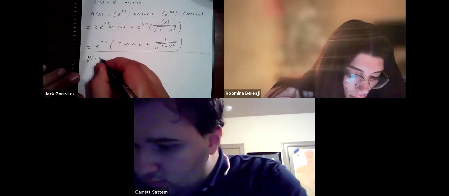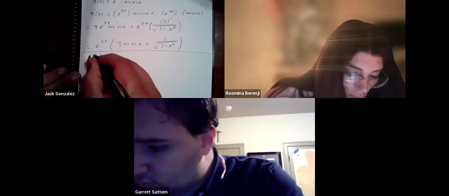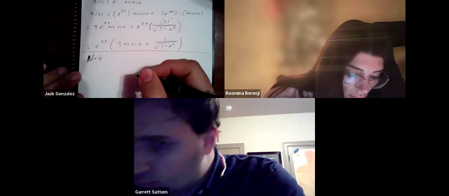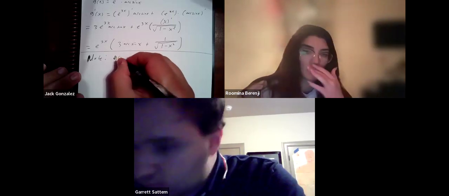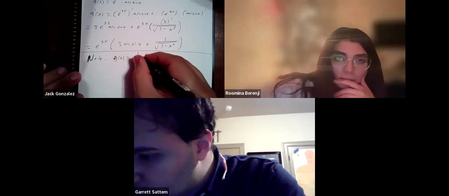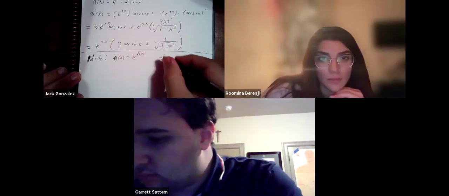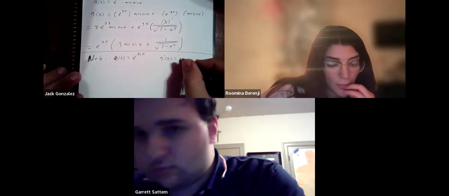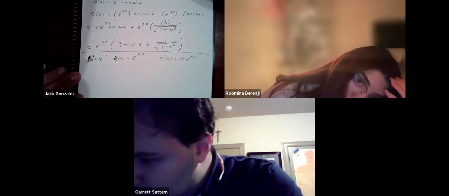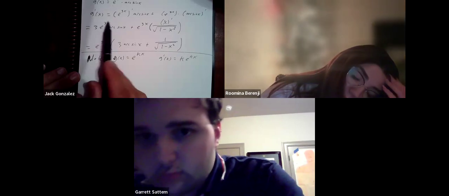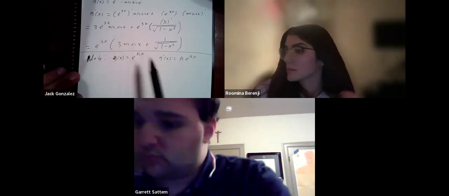Note: if your g is equal to e^(kx), then the derivative will be k e^(kx). So there's a 3 on it, it'll be itself times the derivative of the top, basically.